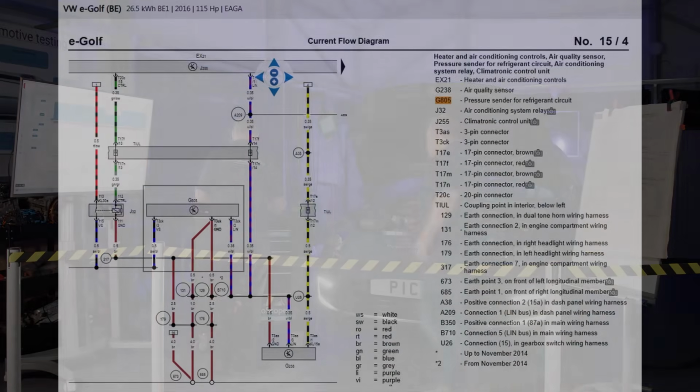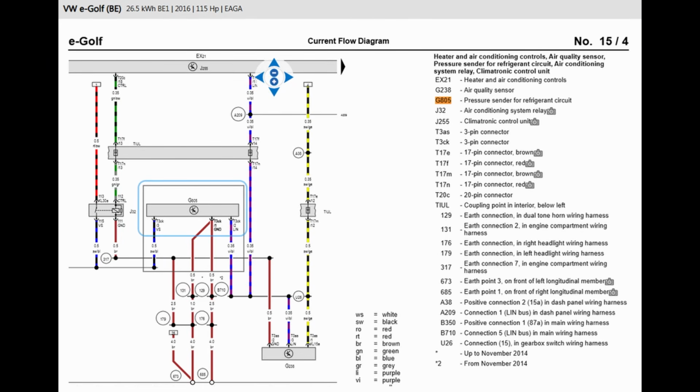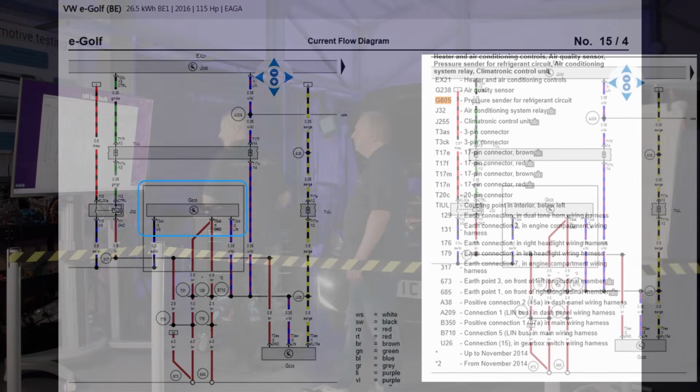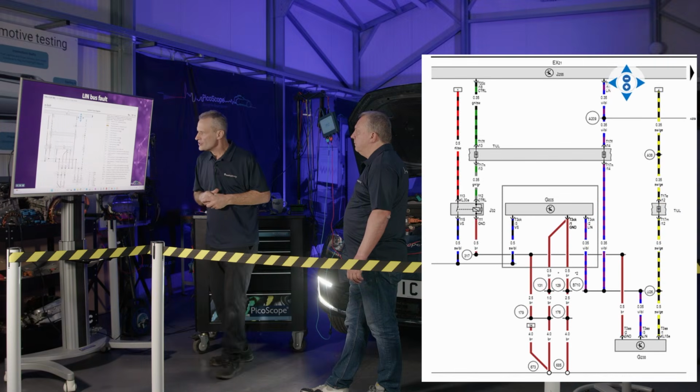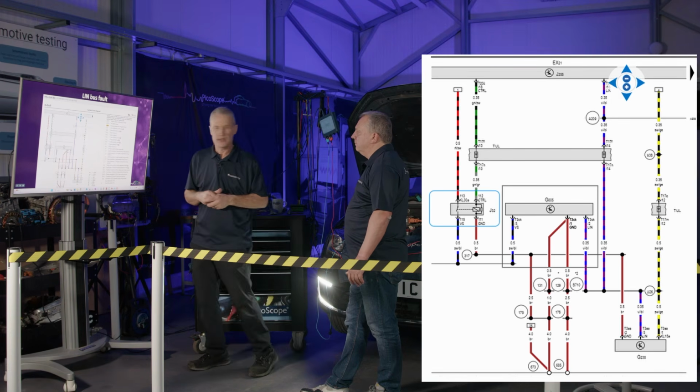Wiring diagram wise, the actual item is called G805, and that is the pressure sender for refrigerant circuit. As we follow this through, we see that the black and blue wire goes through a relay, J32.